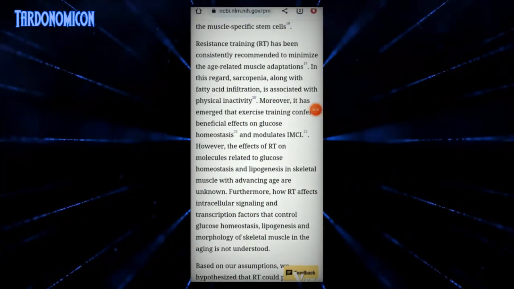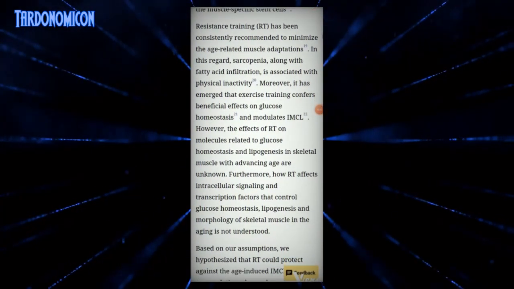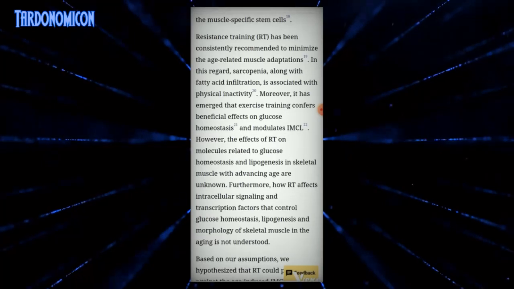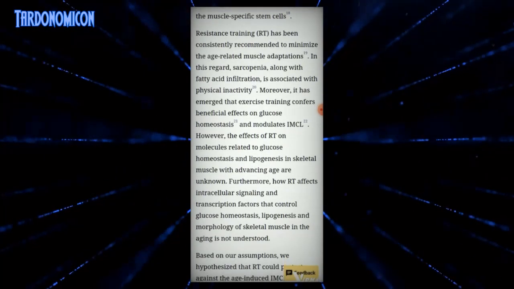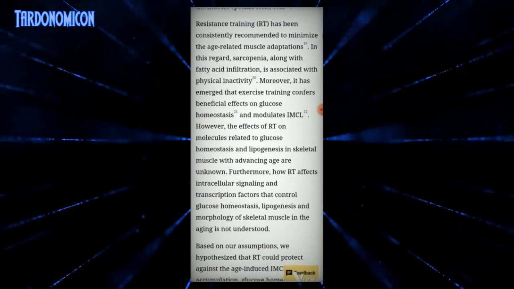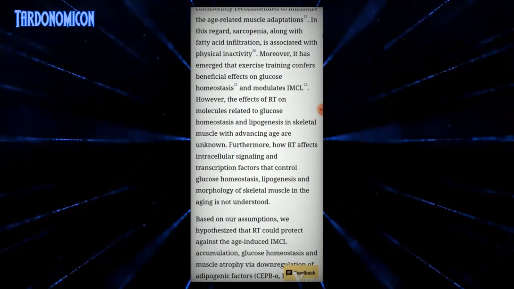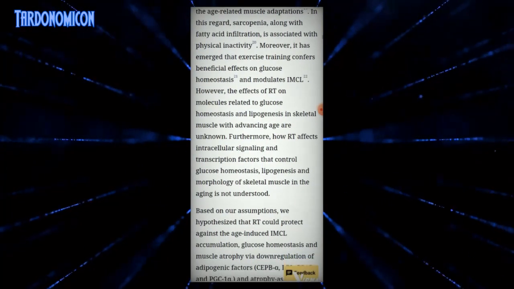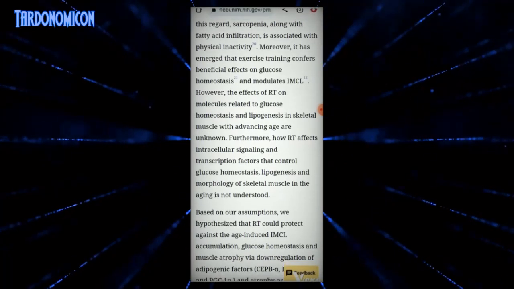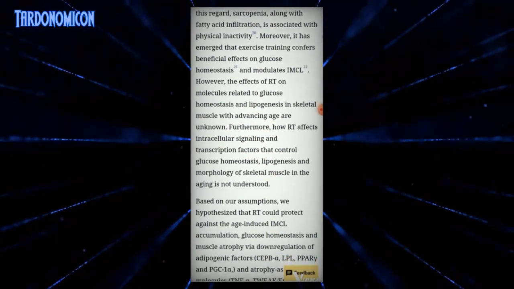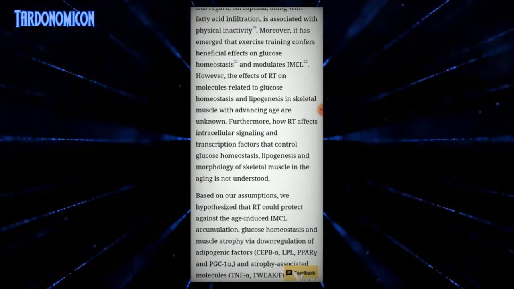Okay, here we go. Resistance training has been consistently recommended to minimize age-related muscle adaptations. In this regard, sarcopenia, along with fatty acid infiltration, is associated with physical inactivity. Moreover, it has emerged that exercise training confers beneficial effects on glucose homeostasis, meaning it helps keep your blood sugar stable, and modulates intramuscular lipid accumulation.